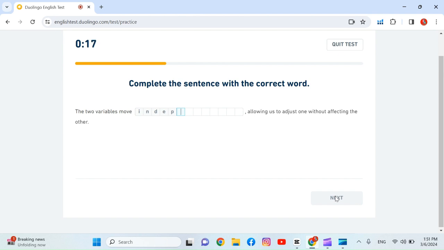The two variables move independently, allowing us.